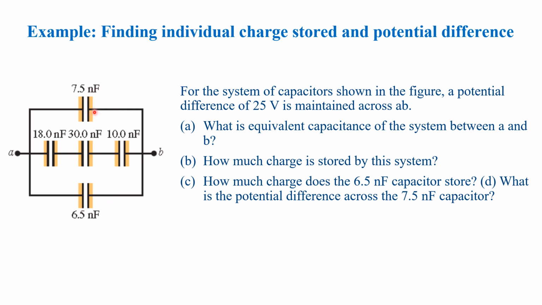So in solving this one, we just remember that for your capacitors in series, the charge is the same in your capacitors, and for capacitors in parallel, the potential difference is the same in your capacitors. So we're going to use that concept to find the charge that the 6.5 nanofarad capacitor stores, and then the potential difference across your 7.5 nanofarad capacitor.